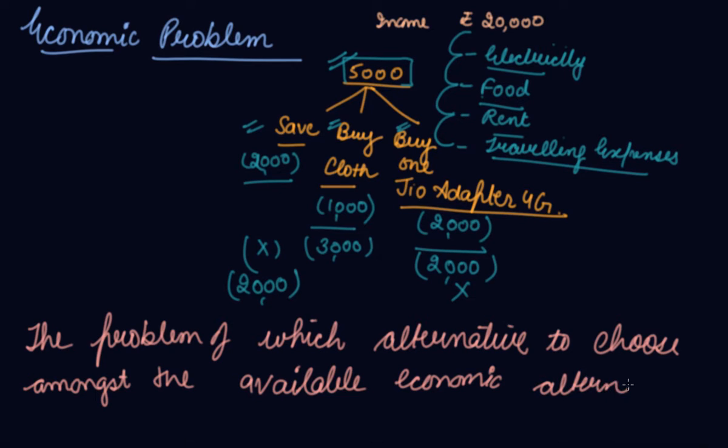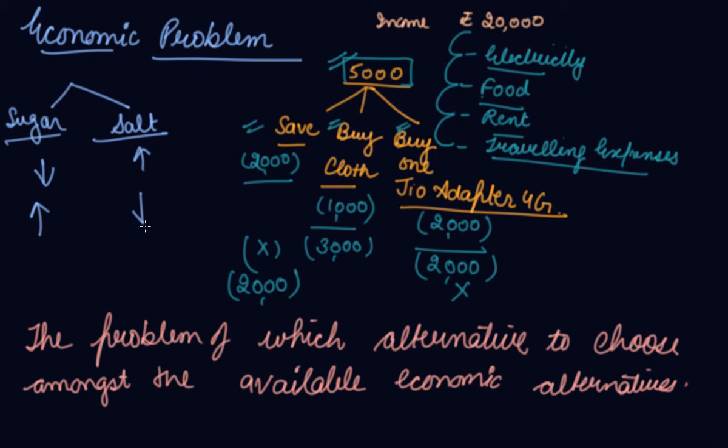Let's suppose a producer produces sugar and salt. So how he should allocate his resources to produce sugar and salt? If he increases the production of salt, he has to reduce the production of sugar. If he increases the production of sugar, he has to reduce the production of salt because he has the limited resources with him.